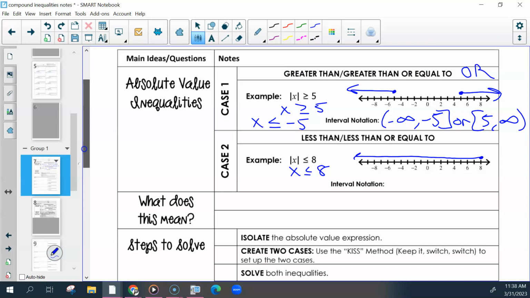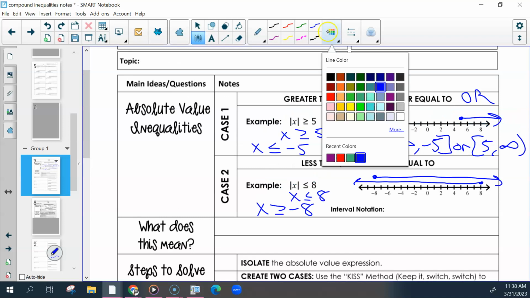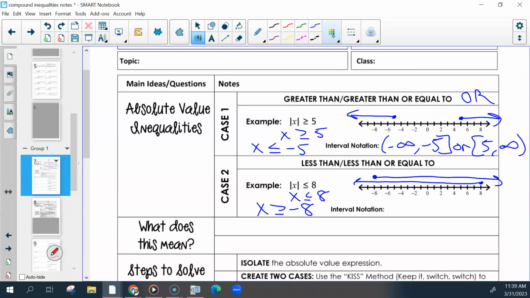And then the other would be the same inside, opposite direction sign, and the number is negative. So that makes our less than or equal to inequalities ands, where they overlap.